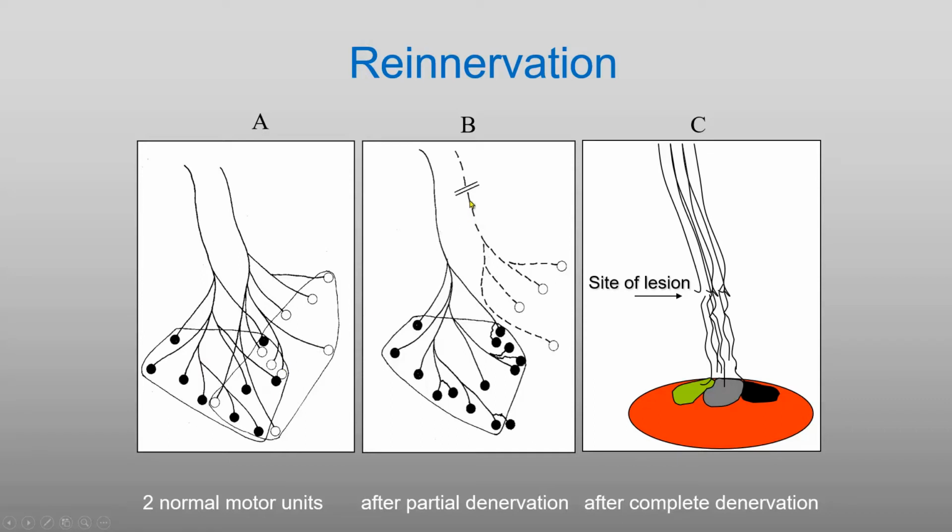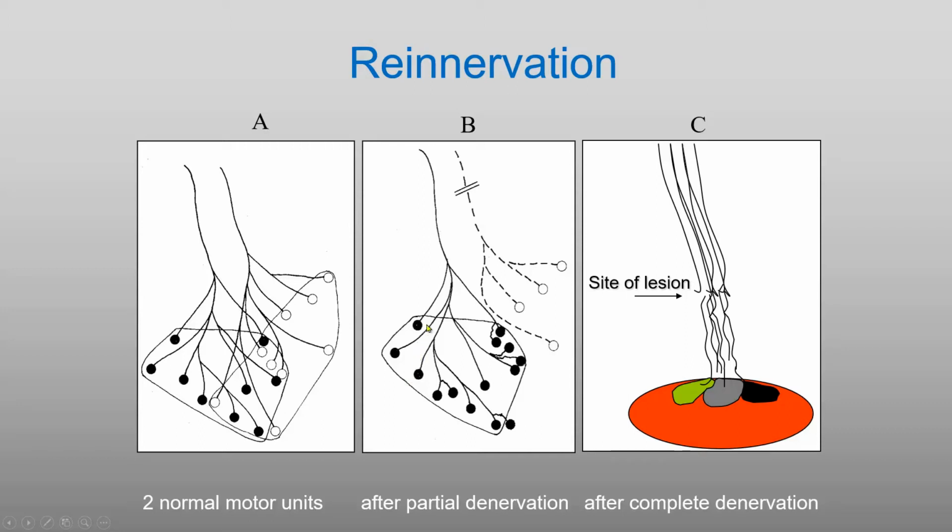Now if this motor unit disappears because of entrapment or polyneuropathy or something, we will have these fibers denervated, but here we also have denervated white fibers, which will be reinnervated by the surviving motor unit. So in this area there will be a higher fiber density. Here we have some increased fiber density, and also here. And in this part we will have a normal distribution of muscle fibers.